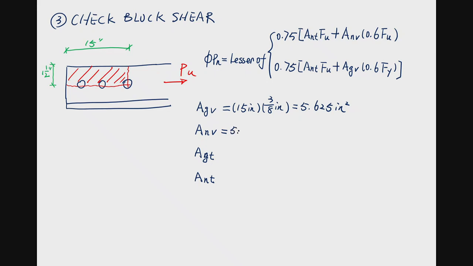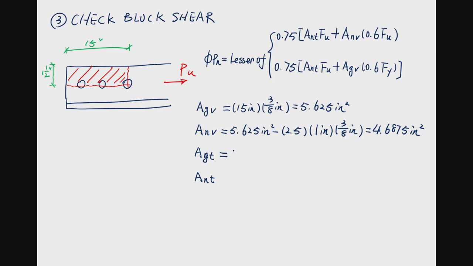So it's the gross area, 5.625 square inches minus 2.5 holes, and the hole diameter is 1 inch, right? And times the thickness, 3/8 inches. So ANV equals 4.6875 square inches.